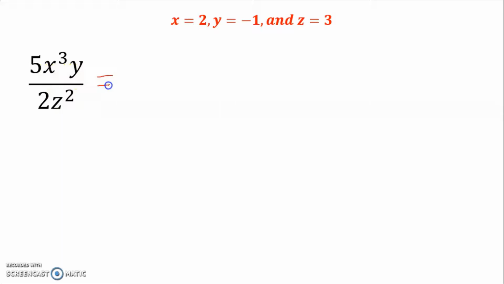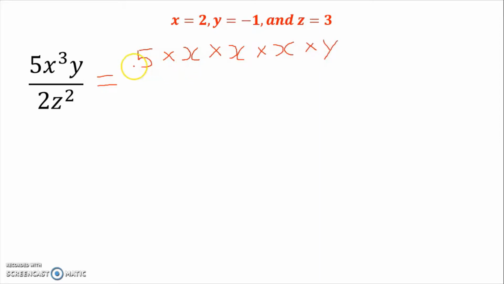5x cubed y is the same as 5 multiplied by x. We're cubing x this time, so multiplied by x, multiplied by x, and multiplied by x again, and then multiplied by y.